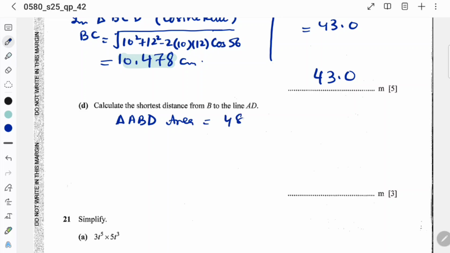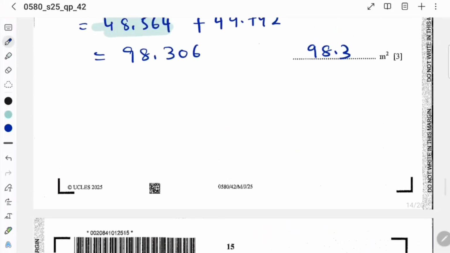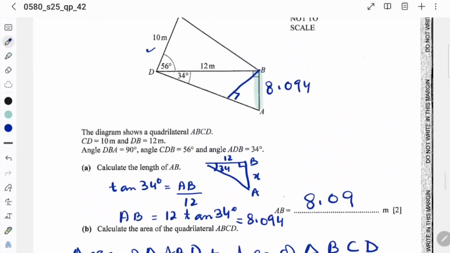I'm just copying down the diagram. You can easily understand this one.